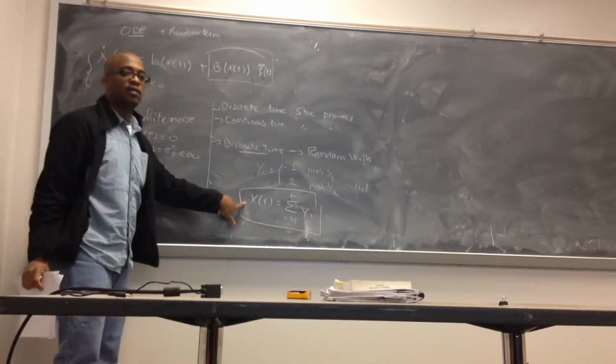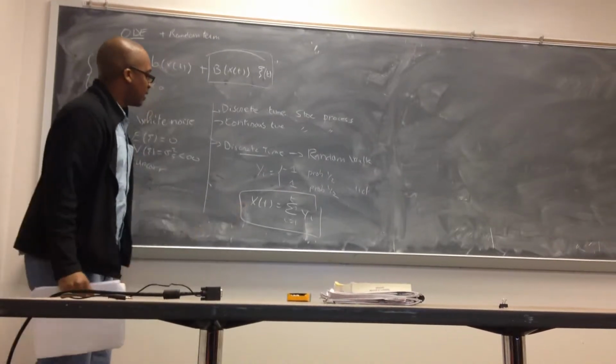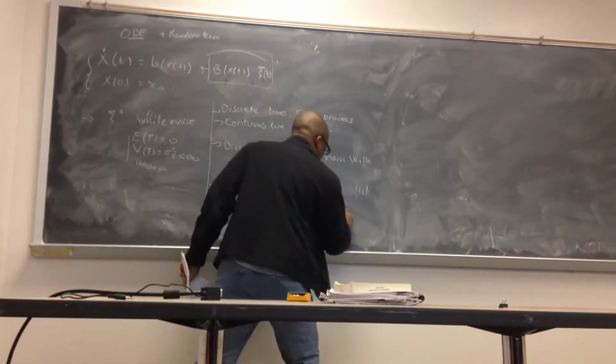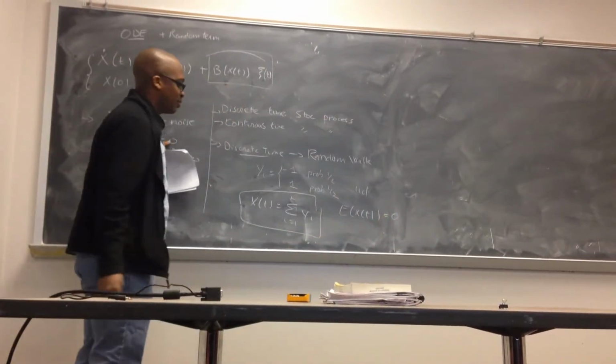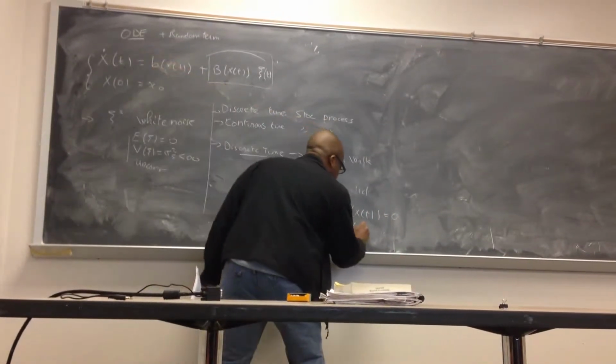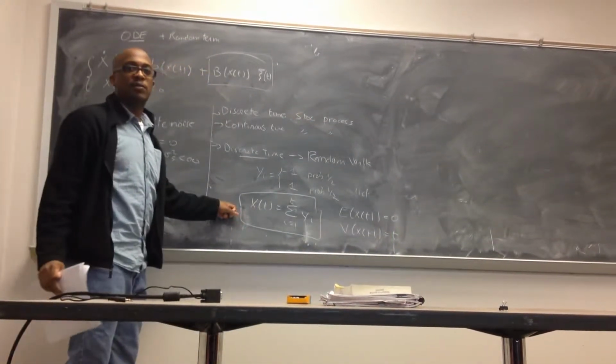And this is called a random walk. The nice thing is that it has exactly these properties: the mean equals 0, the variance equals t, and you have independent increments.